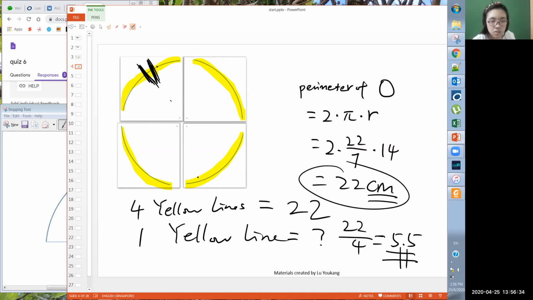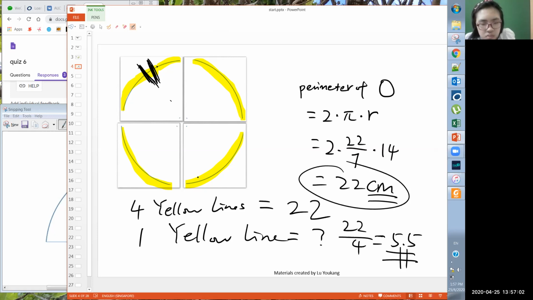Repeat after me: full circle divided by 4 always gives you the quadrant.